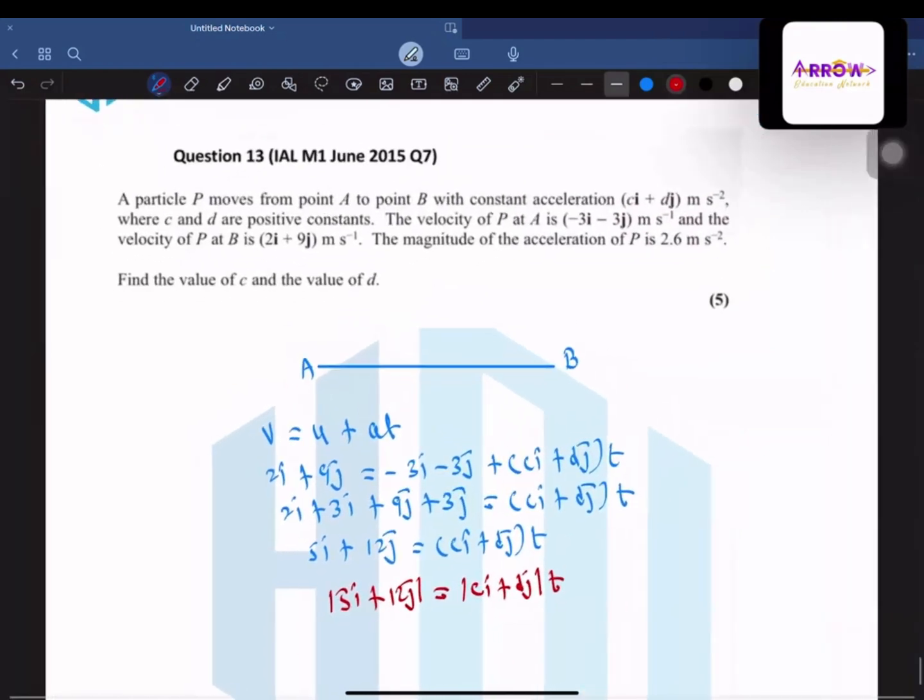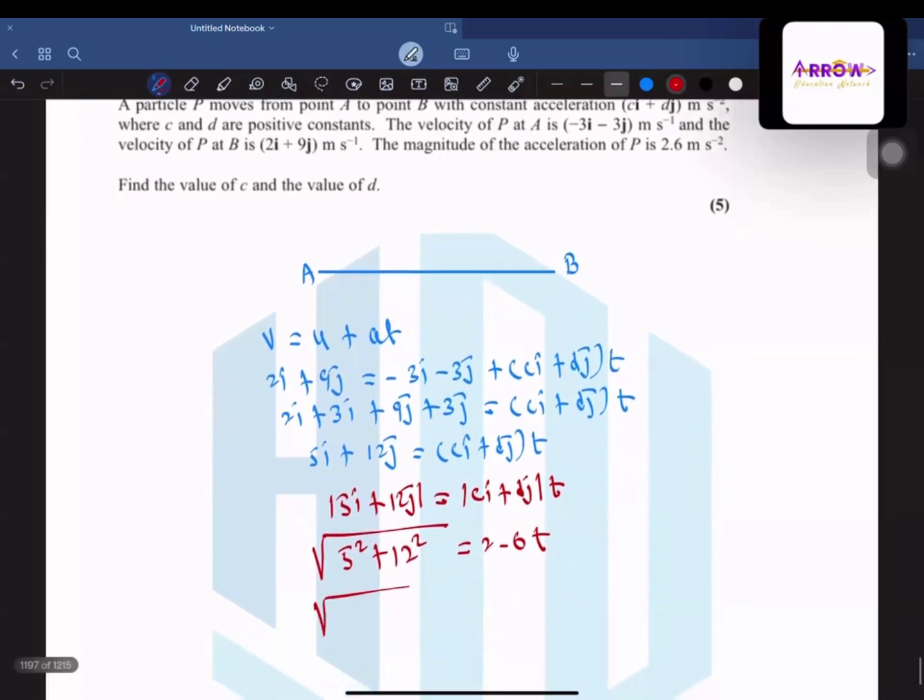As simple as that. The magnitude of 5i plus 12j will be the square root of 5 squared plus 12 squared, and ci plus dj is the acceleration vector, and the magnitude of acceleration is given to us in the question, which is 2.6. So this is equal to 2.6 multiplied by t. Just solve this equation and find the value of t.